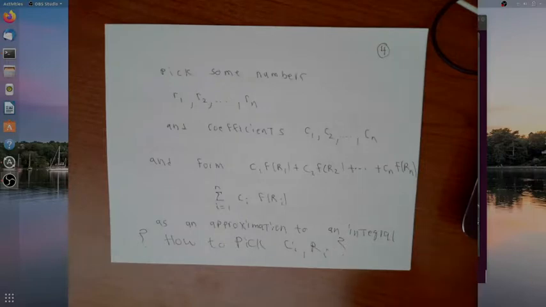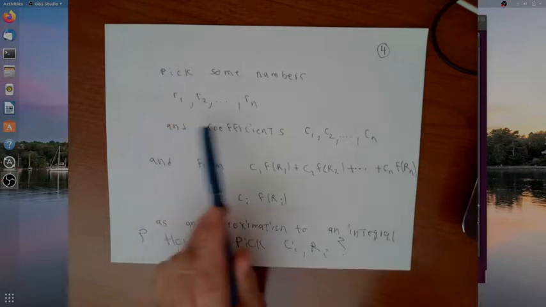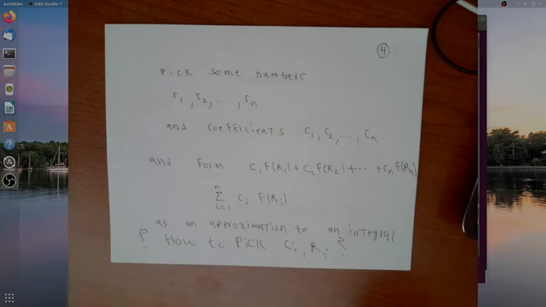In a similar vein, we're going to have a new strategy. Previously, we used an interpolating polynomial, integrated that, and then used that as our estimate for the integral of f, either over an entire interval or on some subinterval. Here, we're going to select some numbers, r1, r2, out to rn.